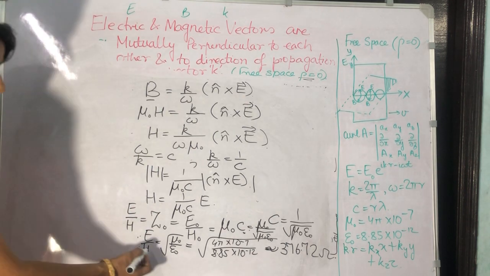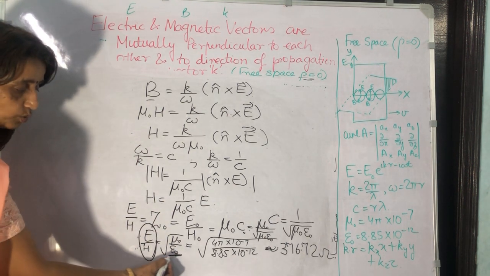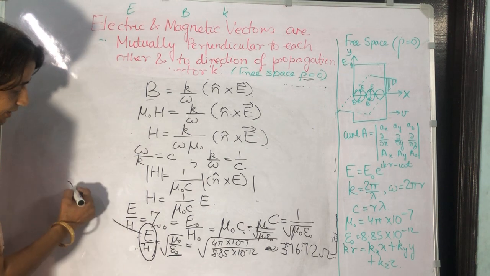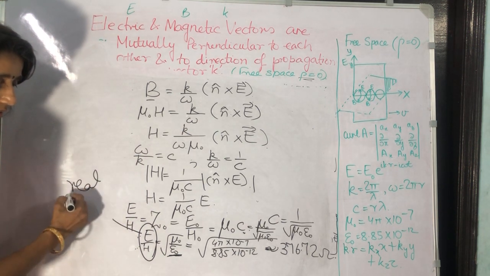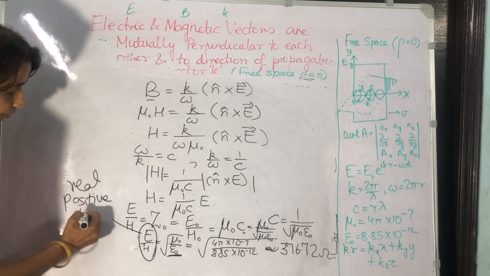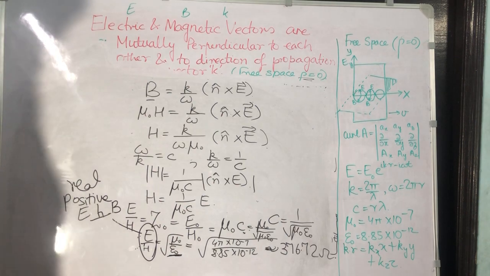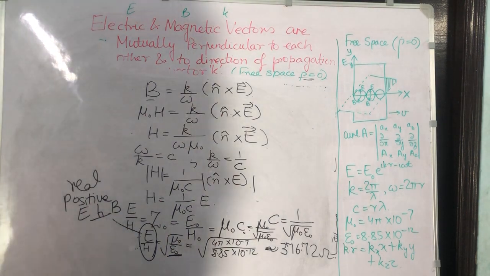The new thing is that the ratio E upon H, since it is a square root quantity, is real and positive, and the electric field vector and magnetic field vector are in the same phase. Thank you.